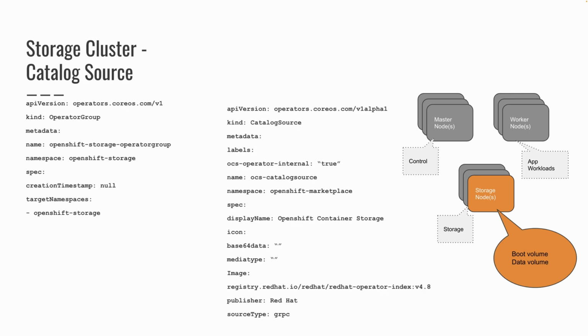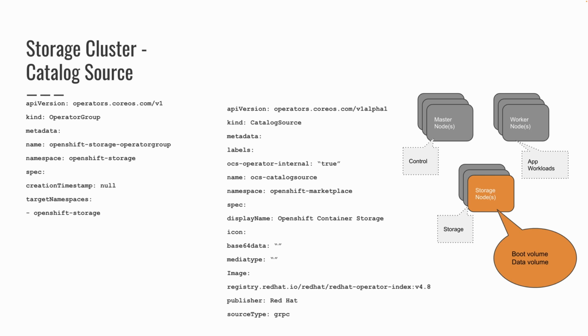The next step is to create the catalog source and the operator group as well, and refer to the registry image for the catalog source, redhat.io, Red Hat operator index, and then version 4.8. This will change in the future when you deal with future versions of OCS.